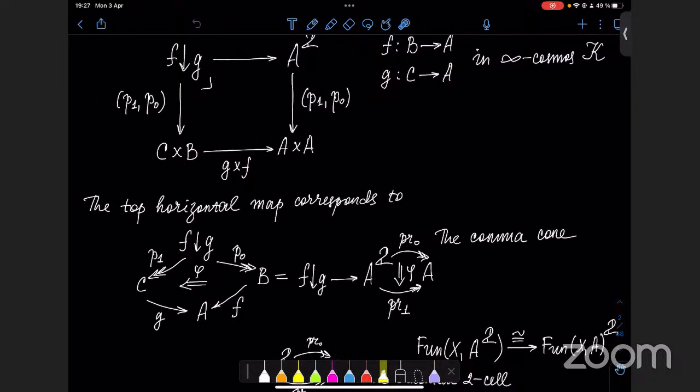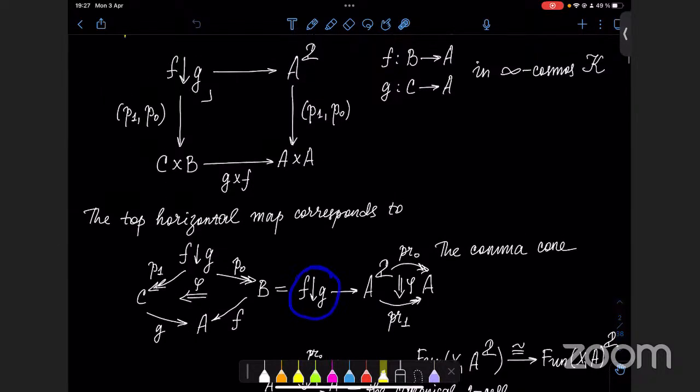We can take this comma object and take the composition with the natural 2-cell between these arrows, and then we will have this 2-cell.